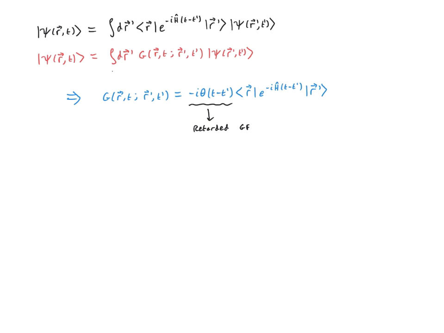Sometimes you will see this denoted with the superscript r in the Green's function to emphasize that this is the retarded Green's function. A different but somewhat equivalent solution to the differential equations are the so-called advanced Green's functions, where here we have plus i theta of t' minus t.